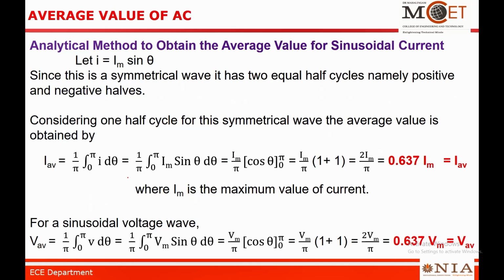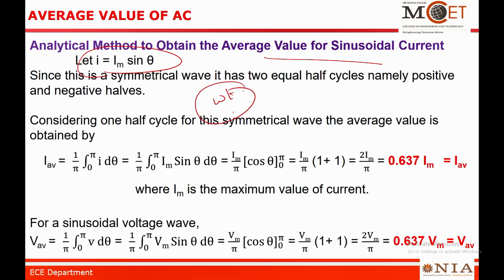So now we are going to the analytical method for the average value of the sinusoidal current. Consider the equation i = Im sin theta, where theta is omega t.